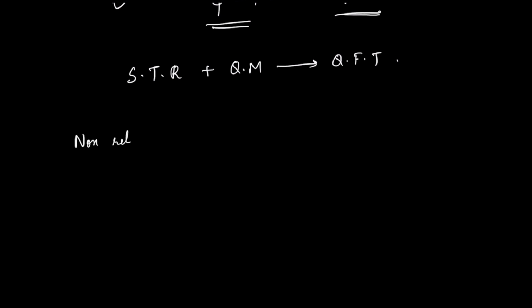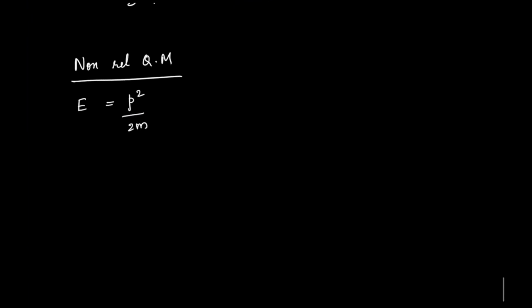In non-relativistic quantum mechanics, we know that the energy E is equal to P squared by 2m. In operator form, E will be i times the time derivative and P will be minus i del.